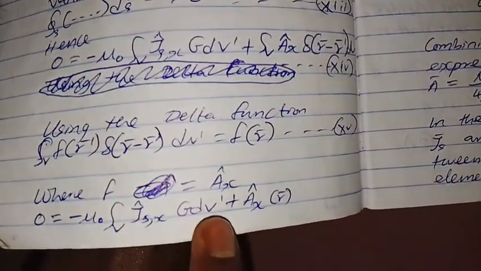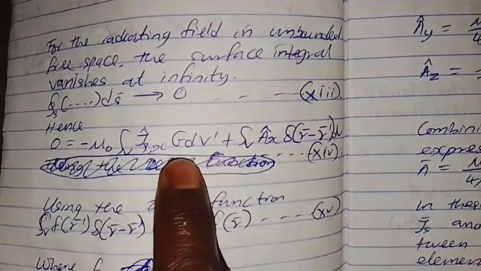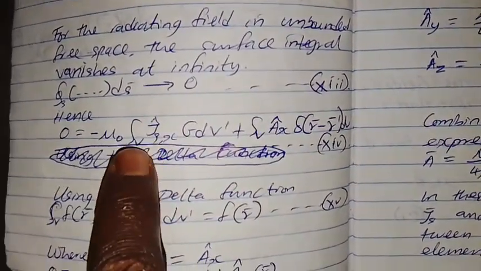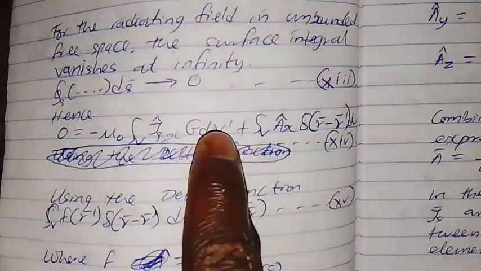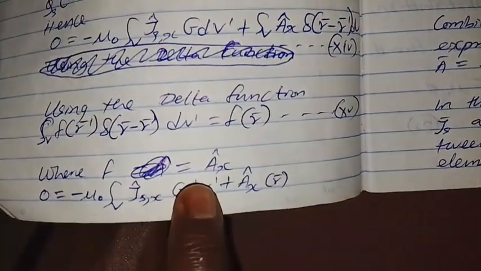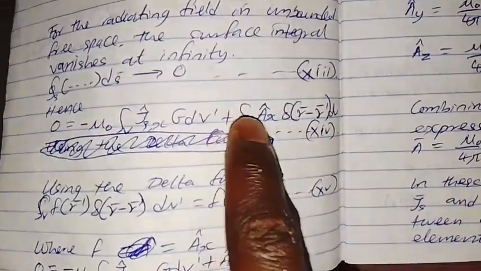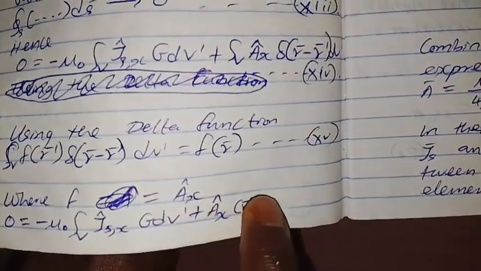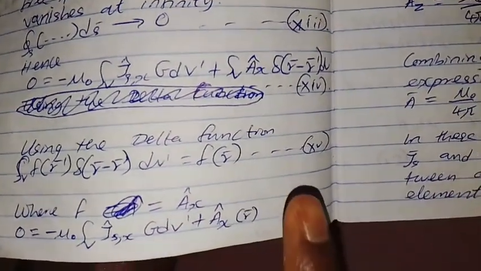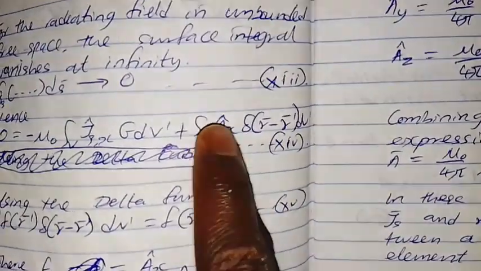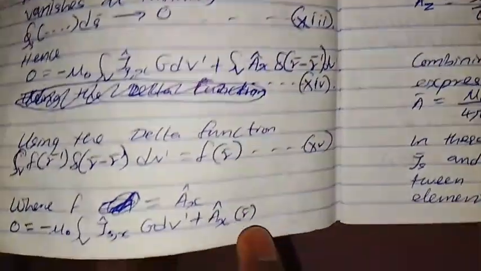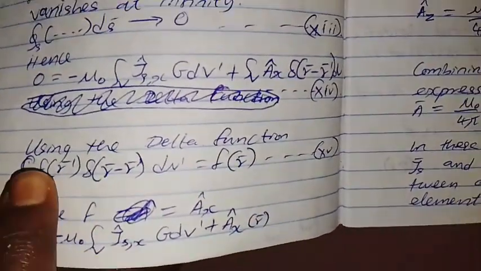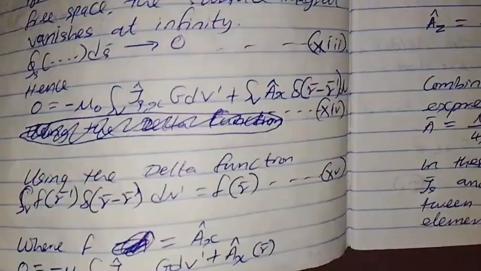So that means this whole thing you have here, the volume integral of all this, plus all this, gives plus Ax of r. Do we get the idea? We have replaced everything here with just Ax of r, based on the delta function formula. Good?